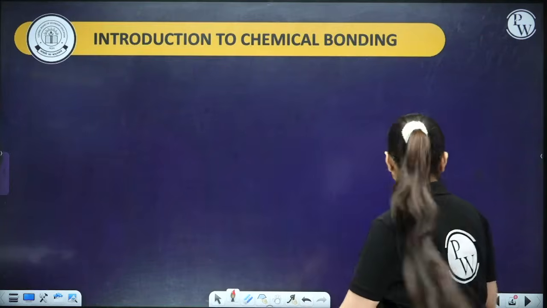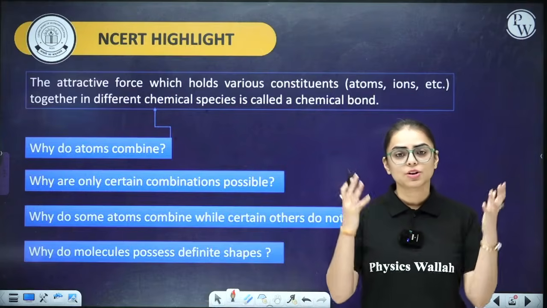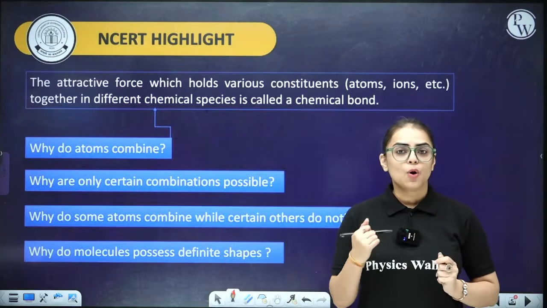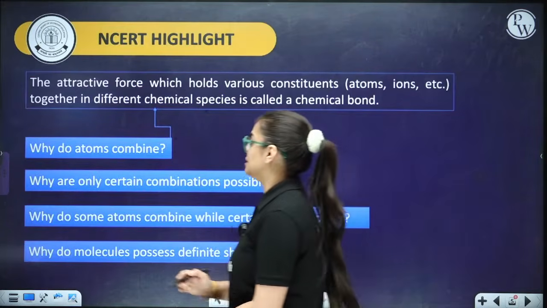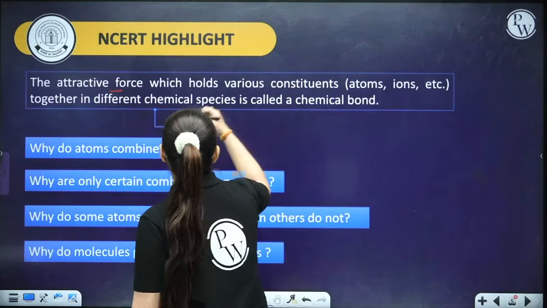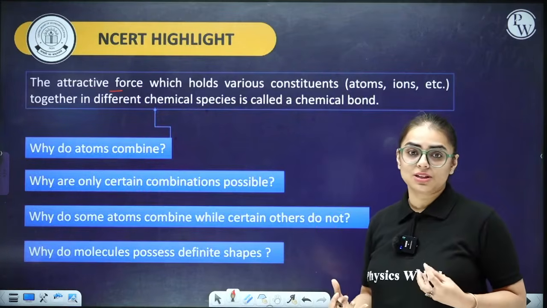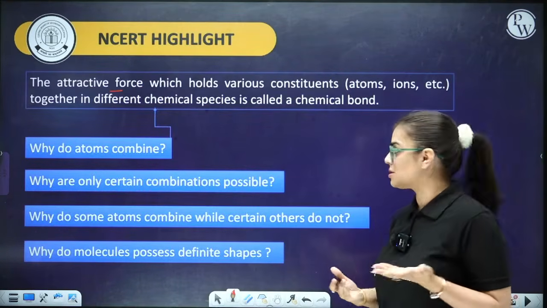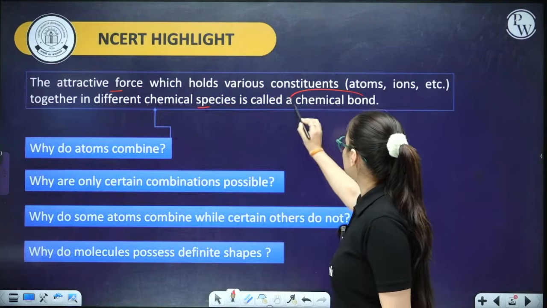So, as I've already told you, from the word chemical bond, what comes to your mind? A thread, a bond, attraction. So, what is a chemical bond? A chemical bond is basically the attractive force which holds various constituents together in different chemical species. The constituents can be atoms, ions, basically the particles.